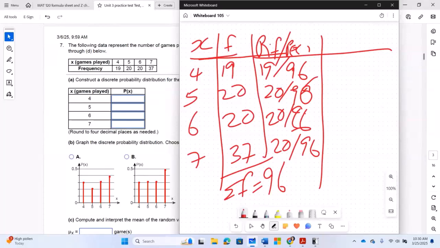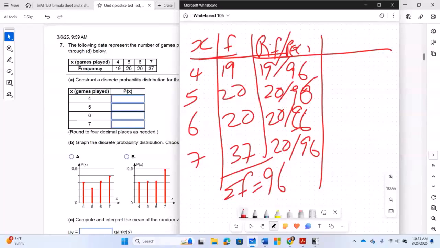Okay, and then I can actually make this table. The question is asking me to reduce the relative frequency or probability to decimal, so that way I can answer the questions and be able to plot the points. Why am I changing it? Because the vertical axis is in decimal. Remember that the relative frequency or probability should be the vertical axis.